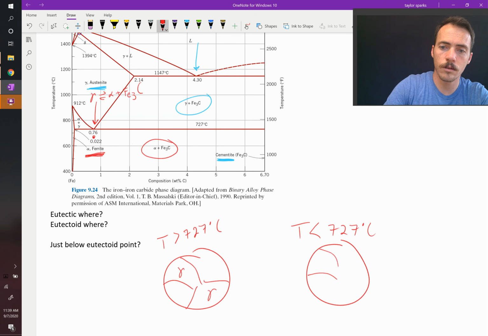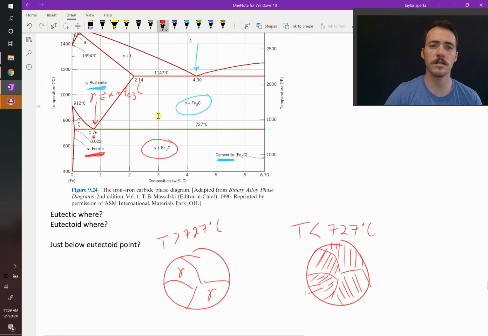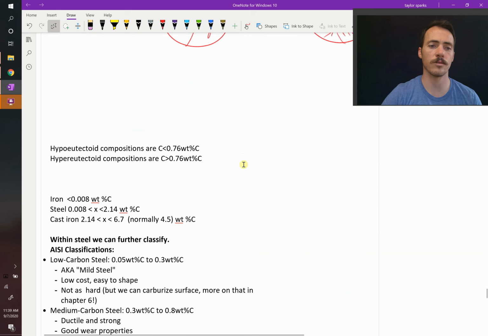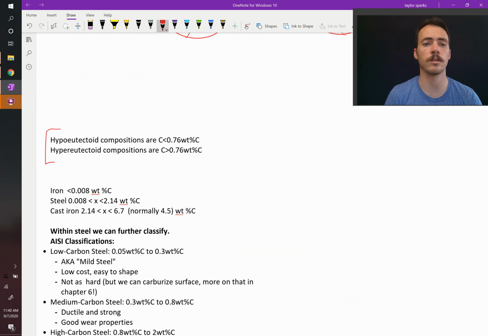And so now you're going to have in these regions a mixture of ferrite and cementite. And it's going to be this lamellar structure because it happens so quickly. Okay? So just like we saw before, you're going to see this lamellar structure. Now, to the left and the right of that point, we end up with hypereutectoid and hypoeutectoid compositions.